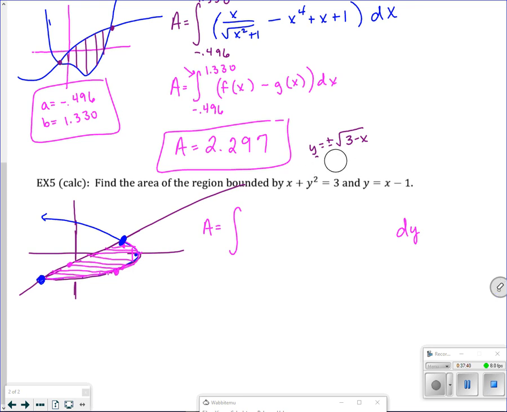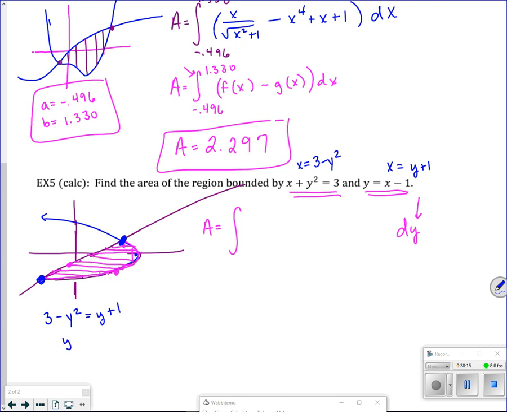Remember what I said? If you're doing it in terms of dy, that means your equations have to be solved for x. So you have to do a step where you go, well, this guy would be y plus 1, and this guy would be 3 minus y squared. So if I want to define the y values of those intersection points, I would just set those two things equal. If they're both equal to x, I could do that by hand.